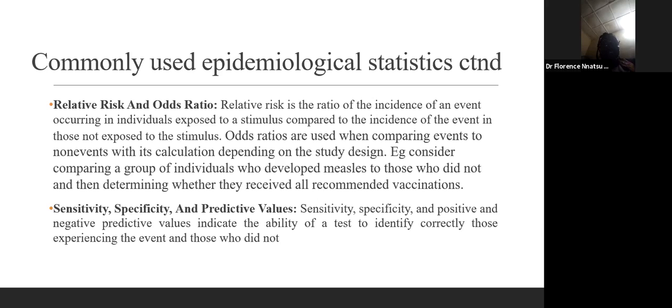Then sensitivity, specificity, and predictive value, that is positive and negative predictive value, indicate the ability of a test to correctly identify those experiencing the event and those who did not.